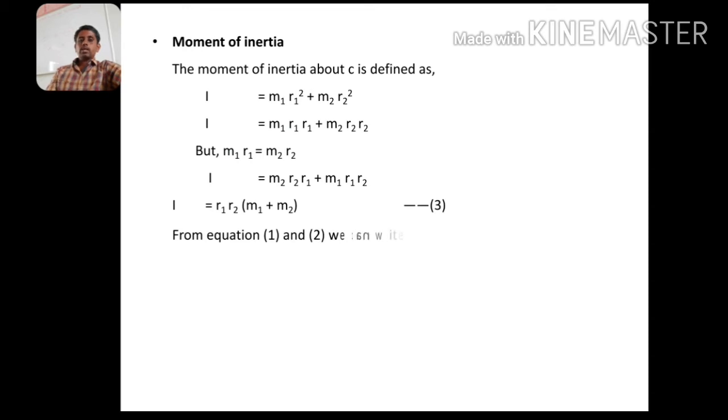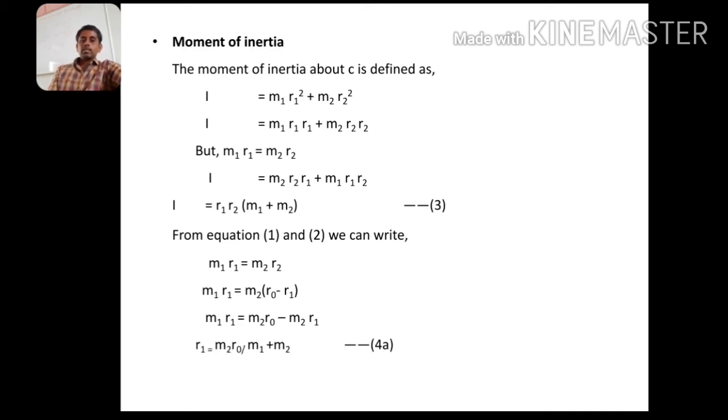From equations 1 and 2, we can write m1 r1 is equal to m2 r2. This is equation 2. Equation 1 is r0 is equal to r1 plus r2, from which we can put the value of r1 or r2. m1 r1 is equal to m2 r2, r2 is equal to, from equation 1, r0 minus r1, so m1 r1 is equal to m2 r0 minus m2 r1.